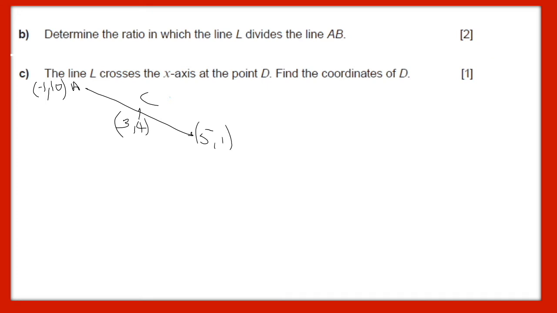If I want the ratio, what I'm looking for is the length from A to C. It helps to put the B in there as well, and then from C to B. And the easiest way for me to do that, this is only worth 2 marks. I don't want to have to do a lot of work for 2 marks. Mathematicians don't like doing much work anyway.